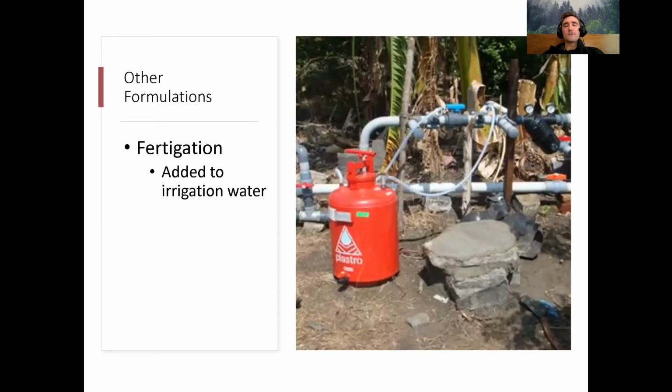And then on farms and agricultural settings, we have fertigation. So it's like the name suggests, it's fertilizer added to irrigation water. And if you already have the method of distributing liquid to every plant in the form of an irrigation system, it's very efficient then to just put the concentrated fertilizer into the irrigation system itself.